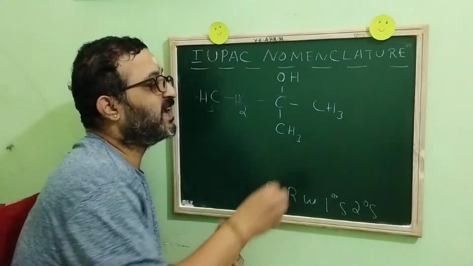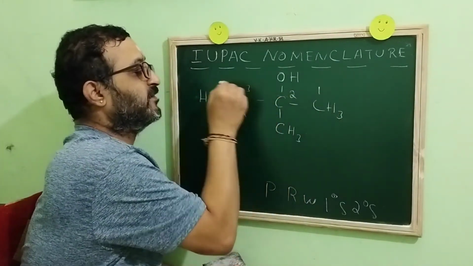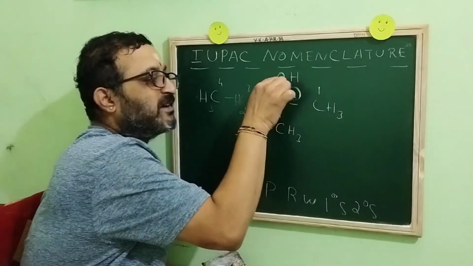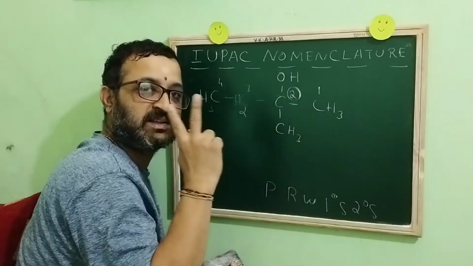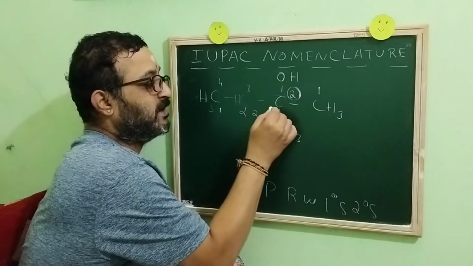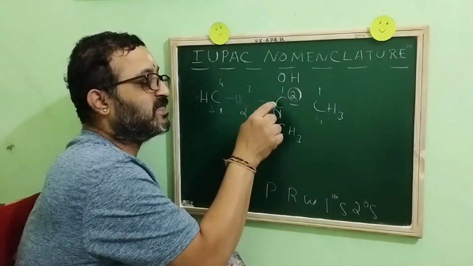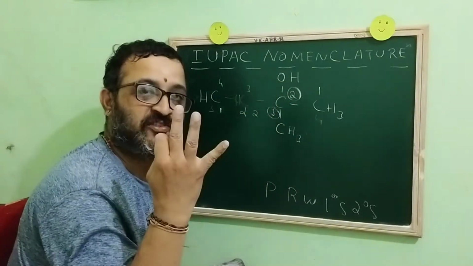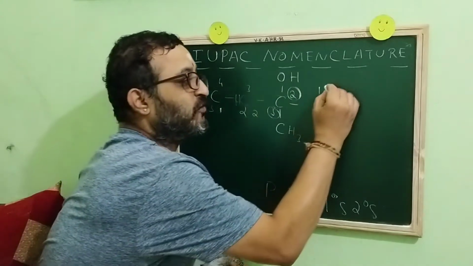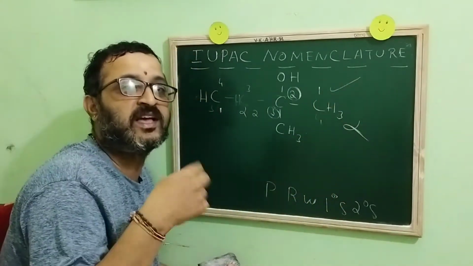If I do the numbering from the right side, the carbon to which the functional group is attached gets 2. When I do the numbering from left to right, that carbon gets 3. We know that out of 2 and 3, 2 is the least. So this way of numbering is right and this way of numbering is wrong.